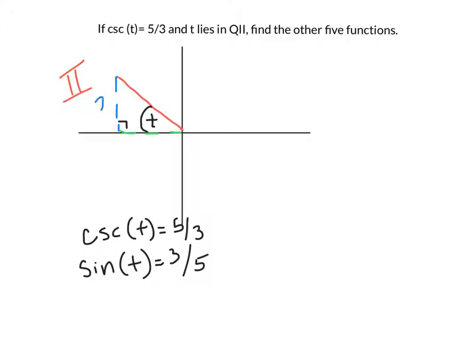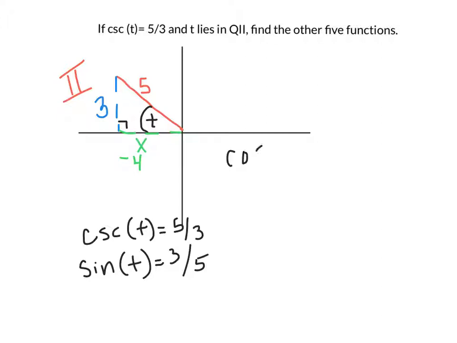Immediately I know that this value is 3 and this value is 5. The only thing left for me to determine is the x value. We've worked with these triangles enough. We know that this is a Pythagorean triple, so the x value would be 4, but it must be -4 because I'm in the second quadrant.